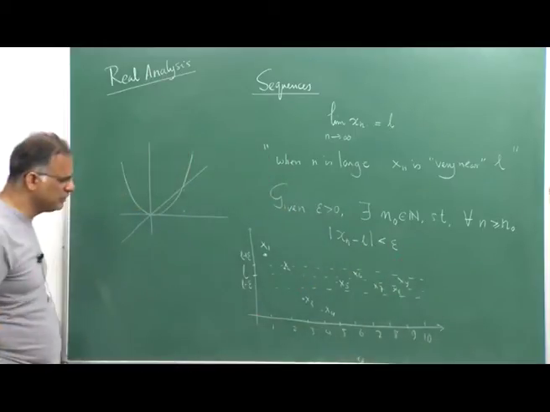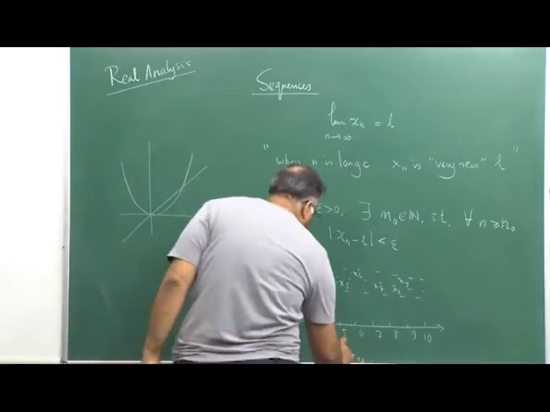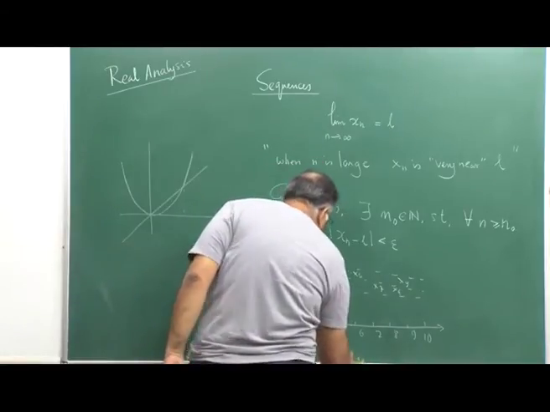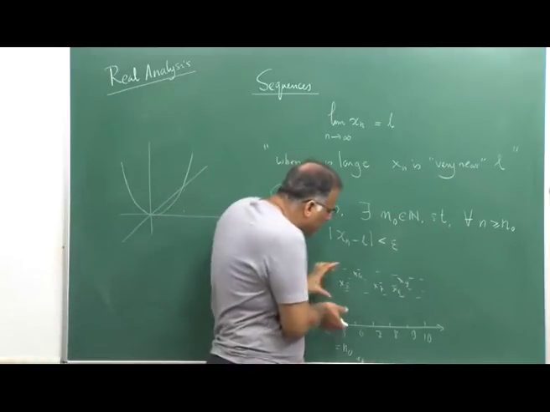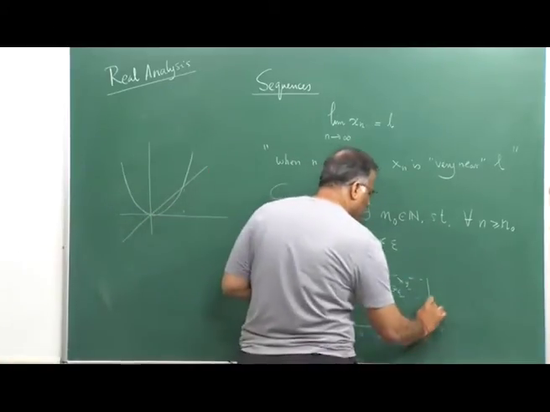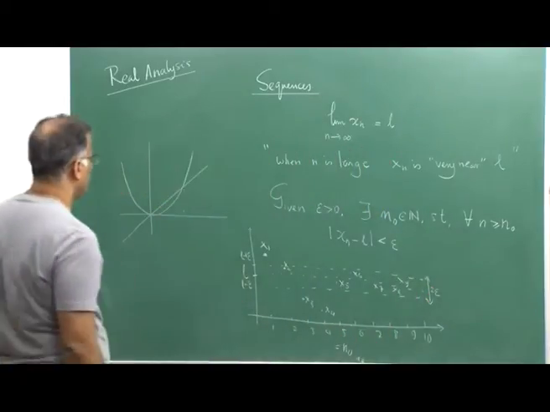So, what is happening? For now our n naught here would be equal to 5. So, from 5 onwards, all the xn's are within this 2 epsilon band. So, this is the 2 epsilon band.